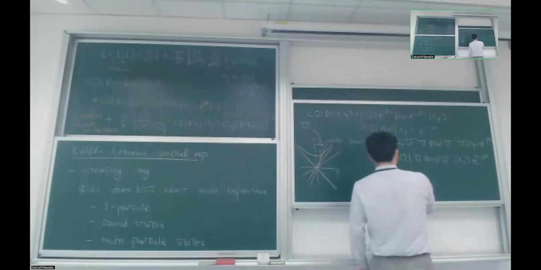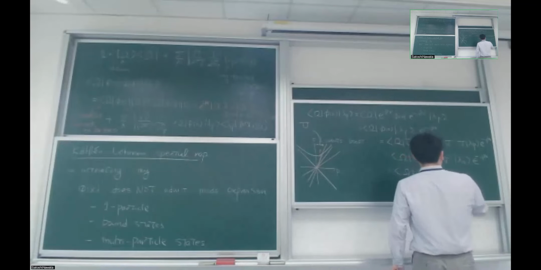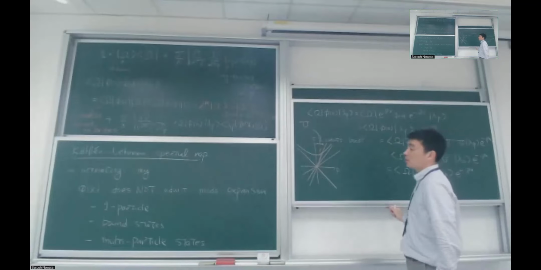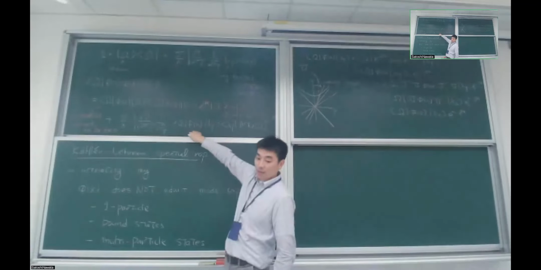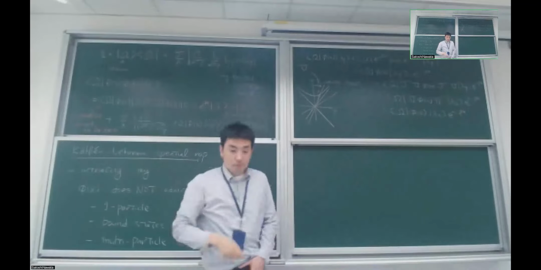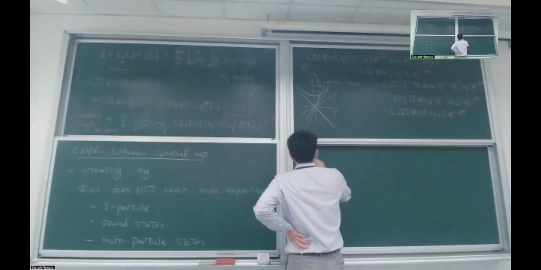So this is equal to omega phi of 0 lambda 0. This is the manipulation to do for this guy, and we can do the same thing for this other guy.